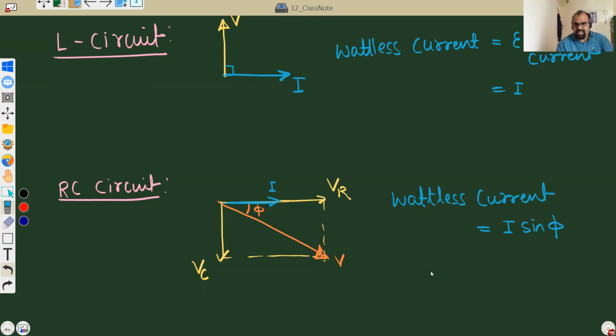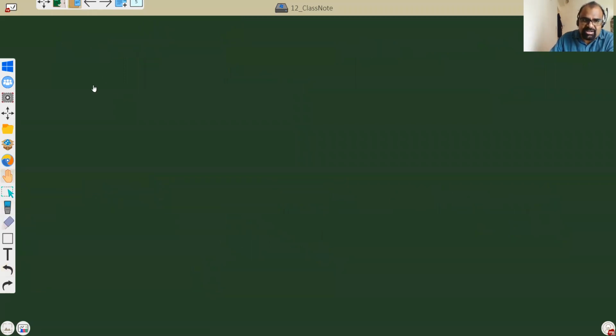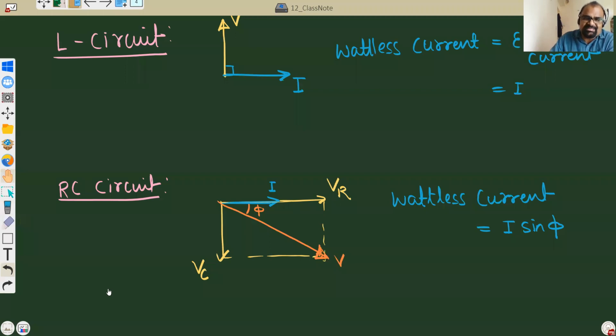Now sin phi you can calculate in this triangle. If you know tan phi, you know sin phi, cos phi, everything. So you should be able to find the wattless component of the current. I'm not showing the other parts like the LR circuit, LCR circuit, because anytime it is I sin phi.